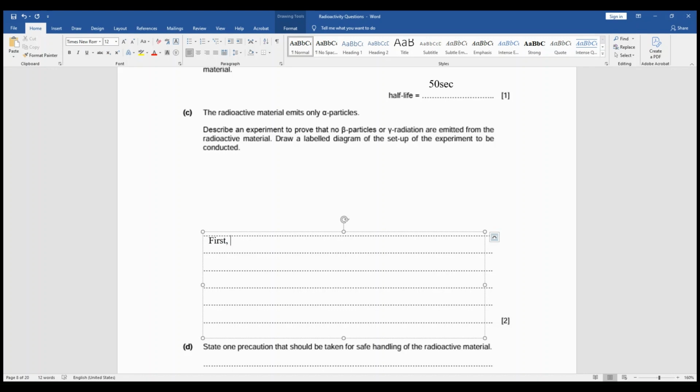Describe an experiment to prove that no beta particles or gamma radiation are emitted. So basically, you want to prove that only alpha is involved. So first, maybe I'll just want to draw the diagram first. Where's my pencil? Okay, let's draw the diagram.